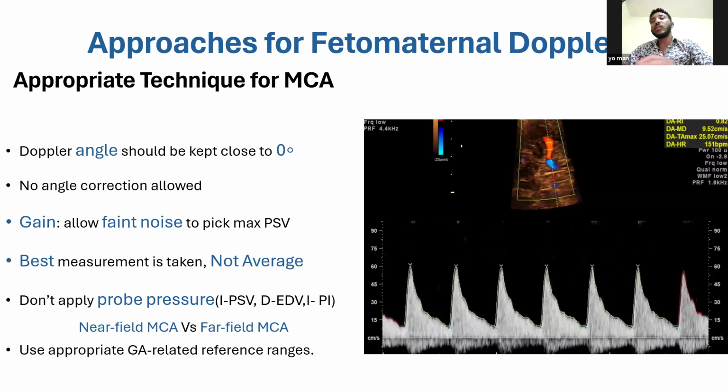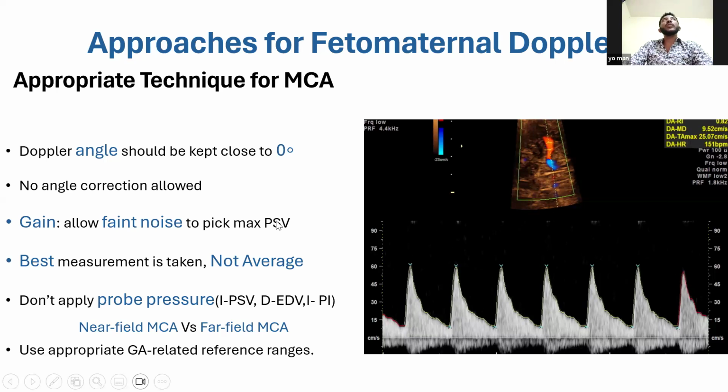It's mighty important to keep the Doppler angle close to 0 to get an accurate assessment of the velocity. So no angle correction is allowed, but if you use angle correction, there is software in recent advanced machines that corrects the peak systolic velocity with the angle that you used when you place the Doppler gate, okay?